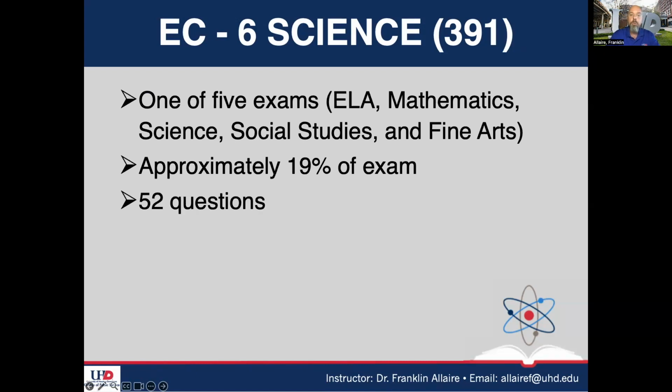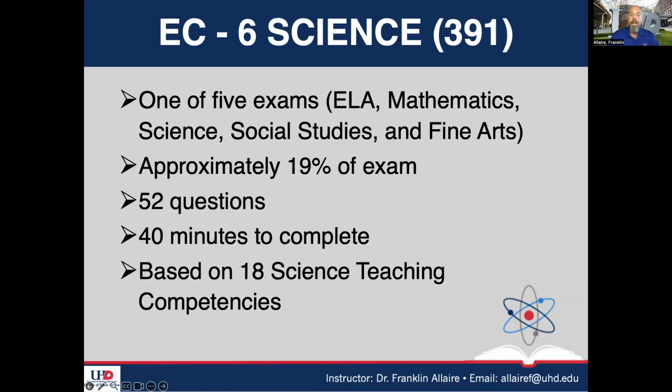There are 52 questions in the science exam, and you'll have 40 minutes to complete it. I know that I've said it before, and I'll say it again throughout this module series, but it's worth mentioning again that the exam and these modules are based on the 18 science teaching competencies.